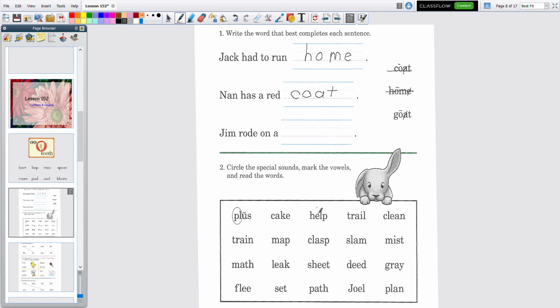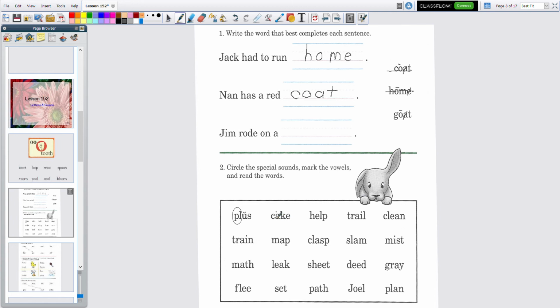Now, remember, circle all your special sounds and mark the vowels. Then you read the words. We've been doing those lately. Now remember, there's a lot of special sounds in here, but let's just look at this word. Does this have a special sound? No, it doesn't. You have to mark the vowels. Does this have a special sound? Yes, they did it for you.